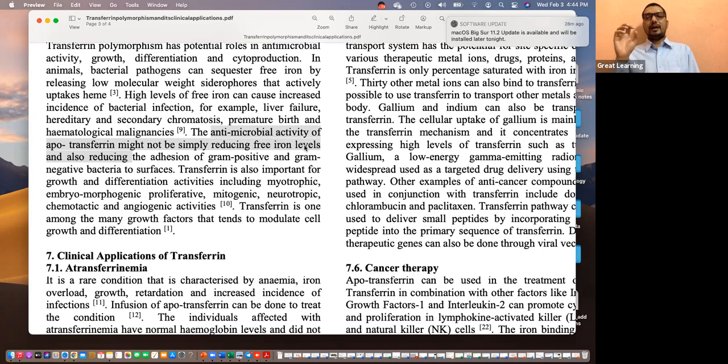So by limiting the iron availability, it reduces the iron levels available for the microorganisms to grow. Other mechanisms seem to be there too, but what is important here is the antimicrobial activity.